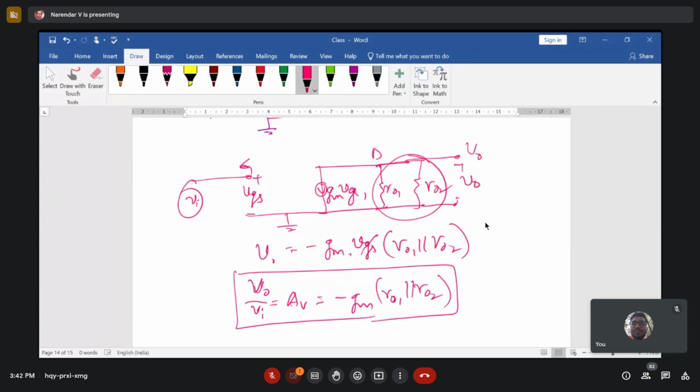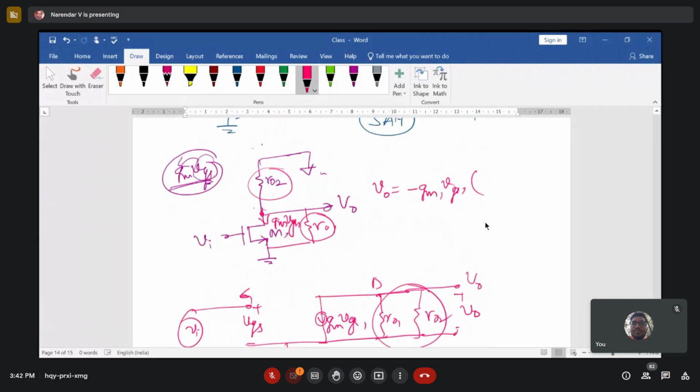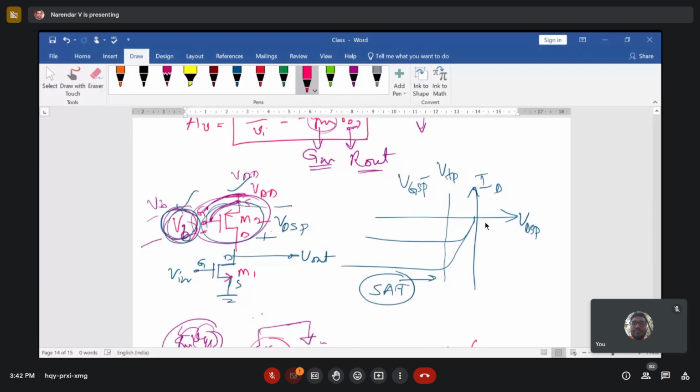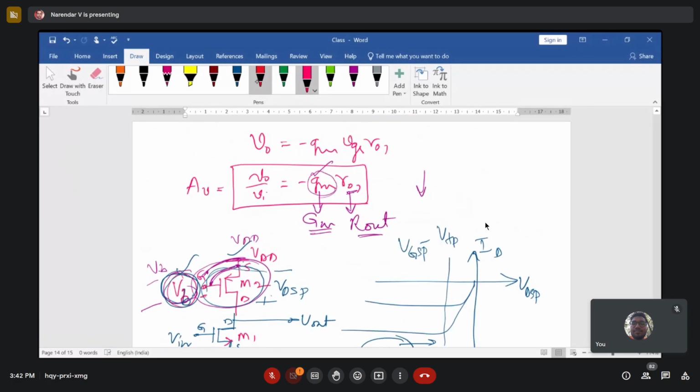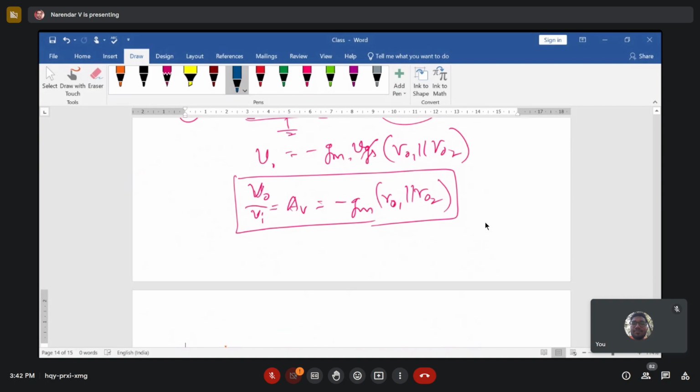In place of your ideal current source, you replace it with a PMOS transistor. In the case of the ideal current source, the gain that you can notice is minus gm times r01. Whereas when we consider a practical PMOS transistor, the gain becomes r01 parallel with r02.